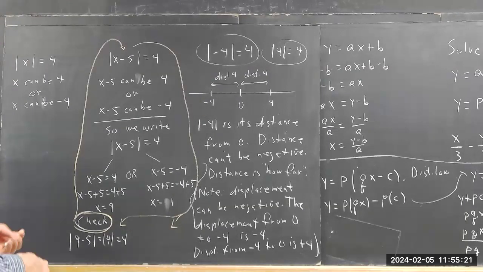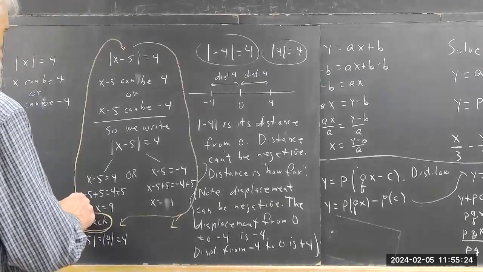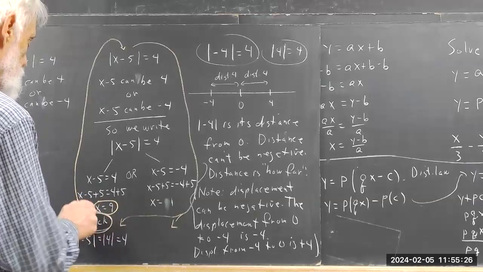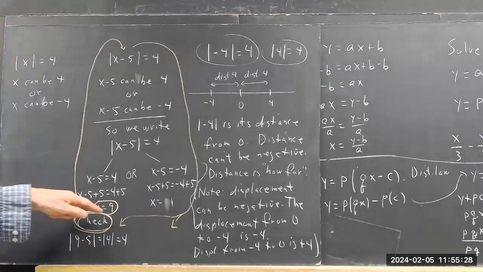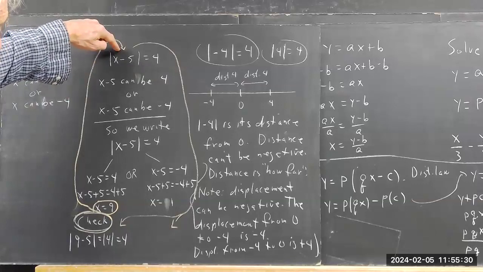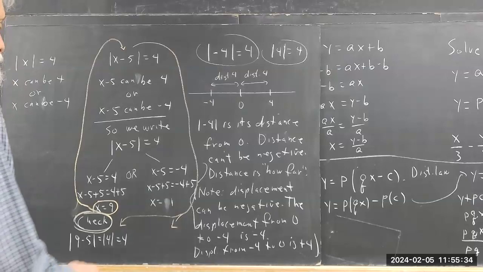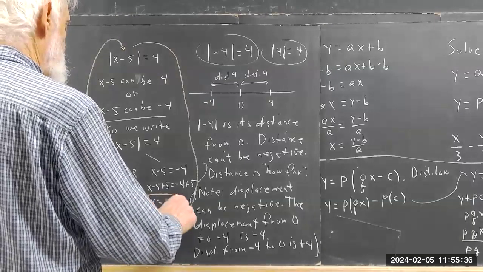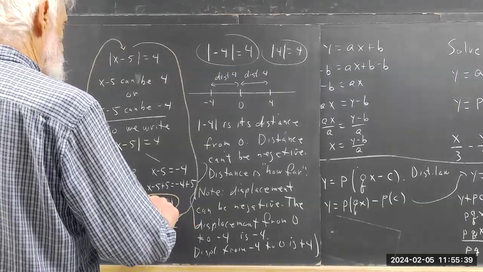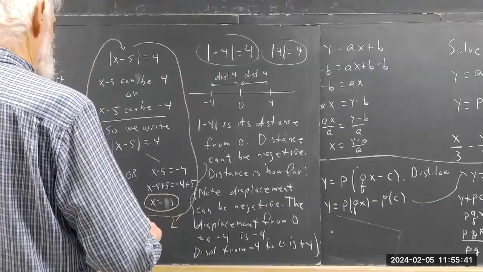So I take the x equals 9, and the x equals 9 is what I'm actually substituting. So let's make sure I know what I'm starting with. x equals 9 goes into this. And I get this. And x equals 1 can go into this.